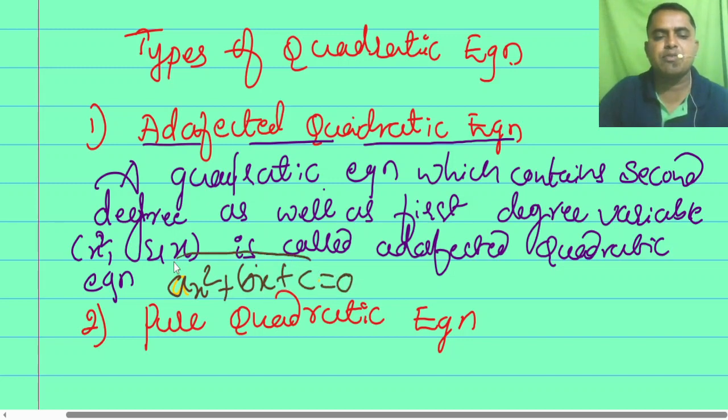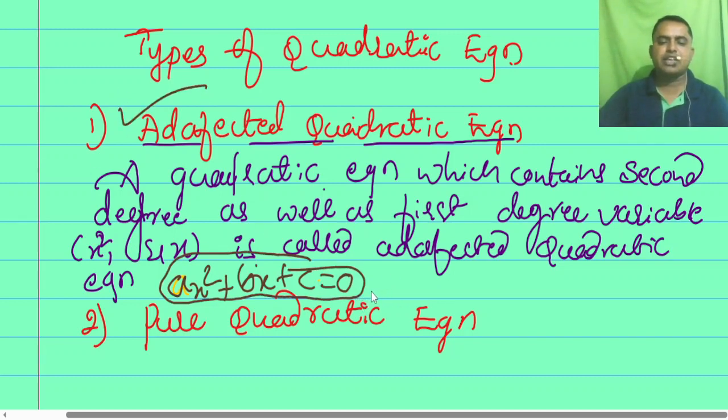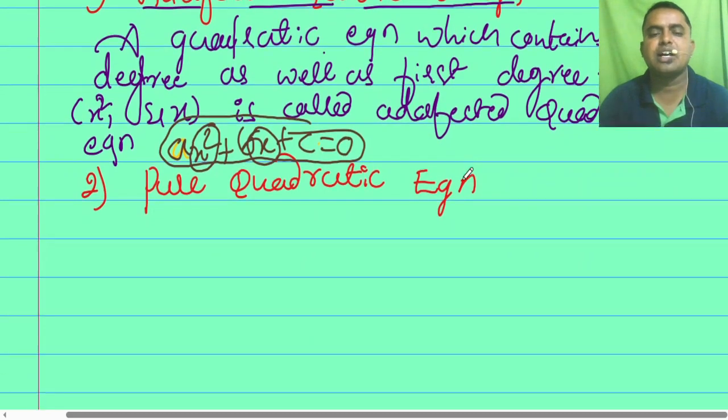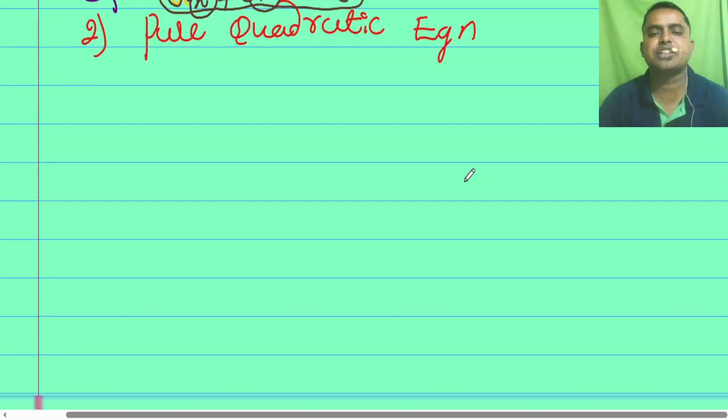So this form of equation is called an unaffected quadratic equation. It must contain second degree variable and first degree variable, that is x square and x. Such type of quadratic equation is called an unaffected quadratic equation.